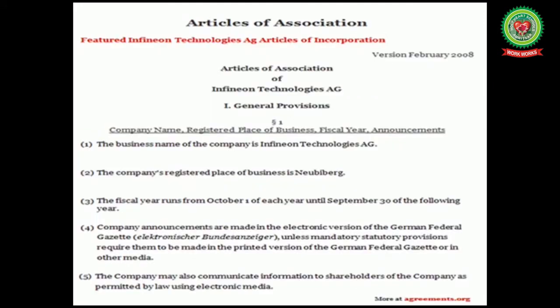Next, there is the articles of association. It is a sample of Technologies Limited Company. So it provides the basic aim, registered place, fiscal year and some general announcements, and after that they provide rights and duties of the company.